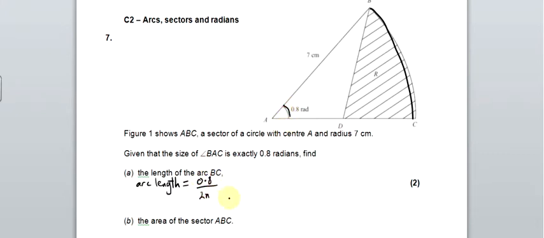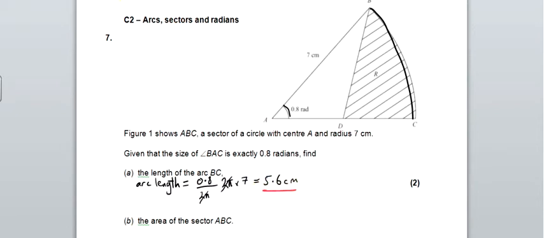So that's the fraction, and it's a fraction of the circumference, so it's a fraction of 2 pi r, so 2 pi times, and the radius is 7. And you can see that those two cancel there quite easily, and 0.8 times 7 is 5.6, which you can do even without a calculator, and that's going to be centimetres. So that is 2 marks.